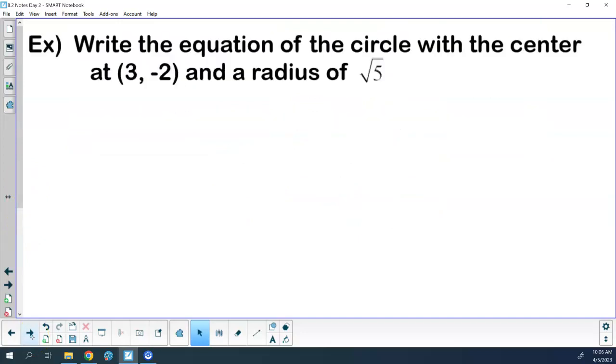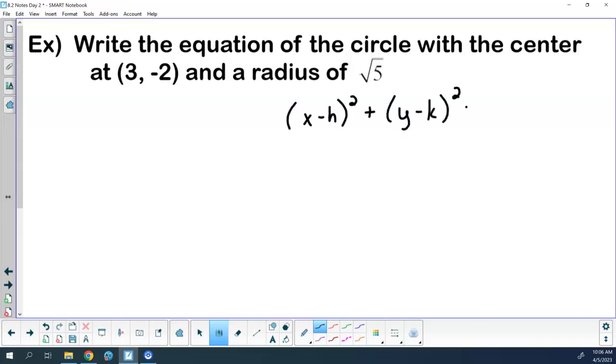So write the equation of a circle with the center at 3 comma negative 2 and a radius of the square root of 5. Well, our equation of a circle is x minus h quantity squared plus y minus k quantity squared equals r squared.